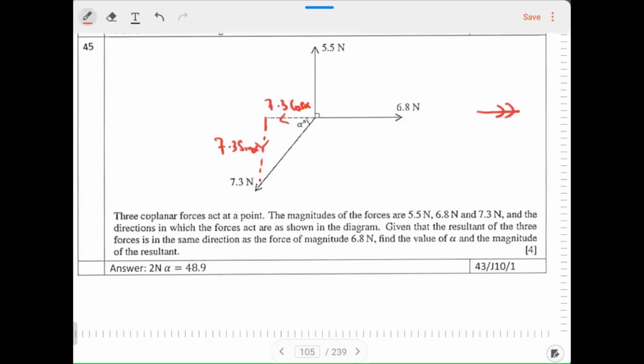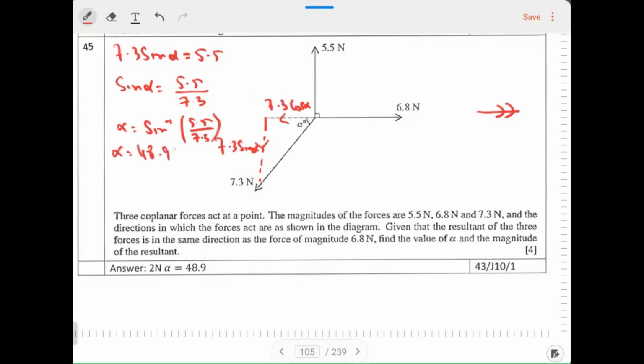Since it's a vertical equilibrium, 7.3 sine alpha is 5.5. Sine alpha is 5.5 upon 7.3. Alpha is sine inverse 5.5 upon 7.3, 48.9 degrees.